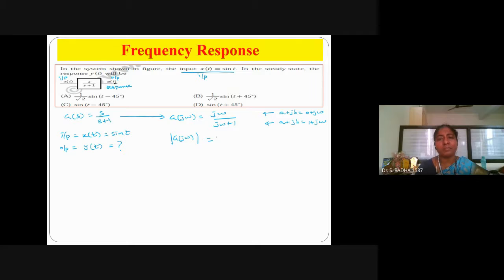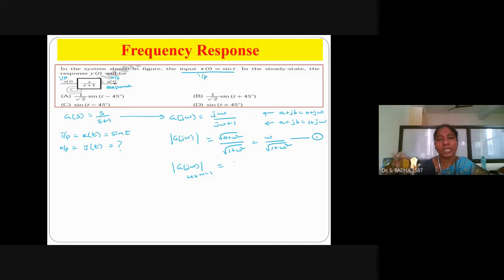Now, when you calculate magnitude, numerator will come 0 square plus omega square, denominator will come 1 square plus omega square. Numerator it is omega, denominator it is root of 1 plus omega square. So when I calculate the magnitude, we are assuming omega value equal to 1. Then what about equation 1?